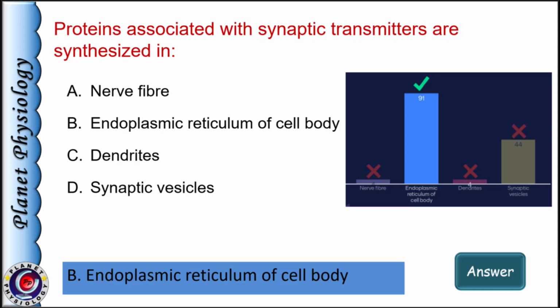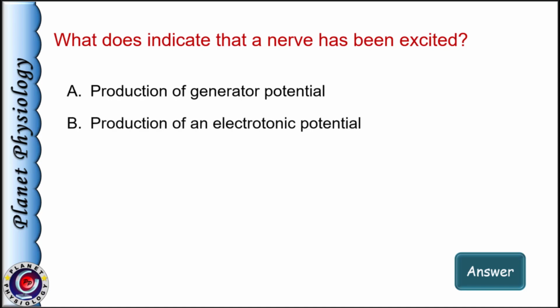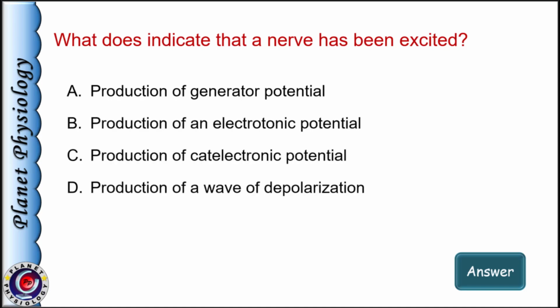Okay, the next question. What indicates that a nerve has been excited? A. Production of generator potential. B. Production of an electrotonic potential. C. Production of catelectrotonic potential. And D. Production of wave of depolarization.